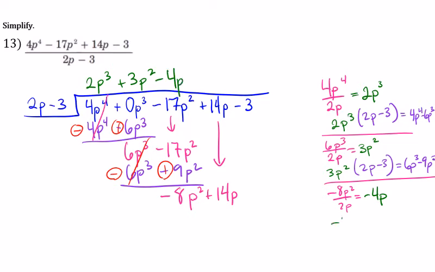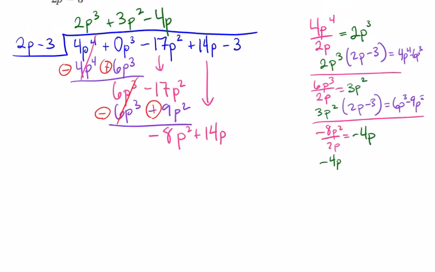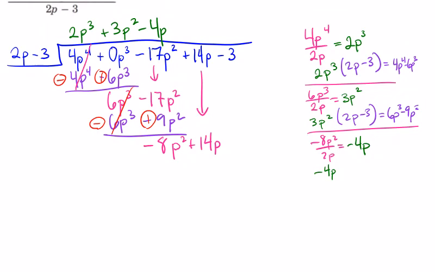Then we're going to multiply negative 4p times (2p minus 3), right? This value, and so we get negative 8p squared plus 12p, right? So if I distribute here, that's what we get. So negative 8p squared plus 12p.